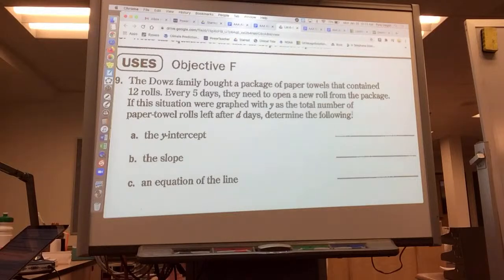They've got 12. So when we graph these equations, for example, this negative 3x plus 36, the 36 is the y-intercept, and the negative 3 is the slope.